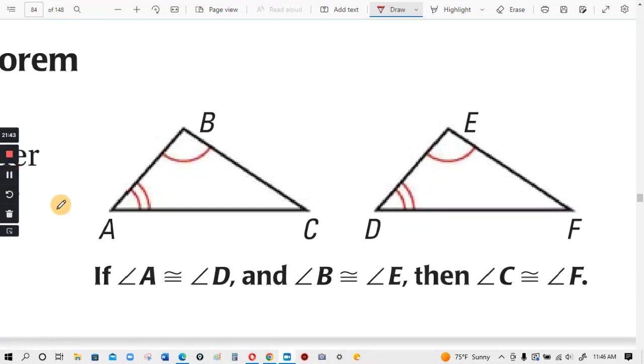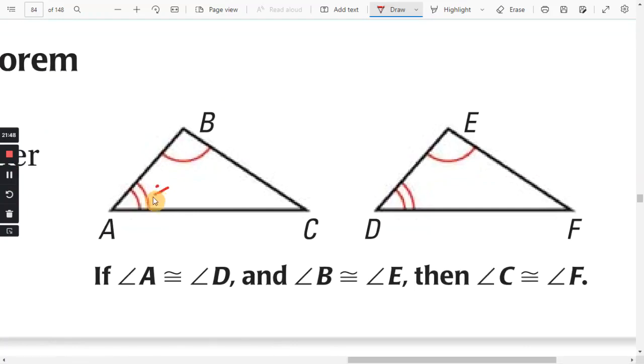Right here, you can see that angle A matches angle D. And then you can also see that angle B matches angle E. So since we have 2 pairs of angles that match, the remaining angle C is going to match the remaining angle F. Okay, C matches F. So why is that true?